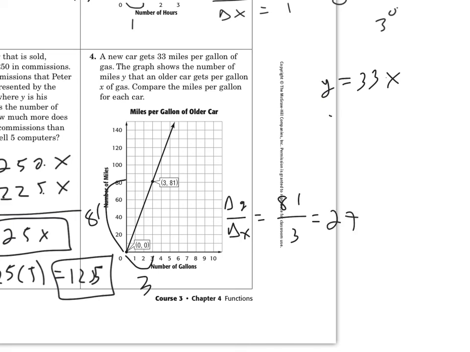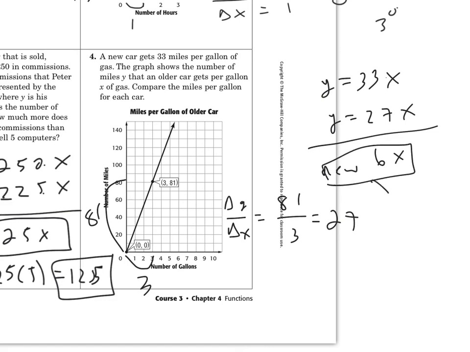So the older car gets 27 miles per gallon, and so you can see that the new car gets 6 miles per gallon better mileage. The new is better. And that's the answer to number 4.